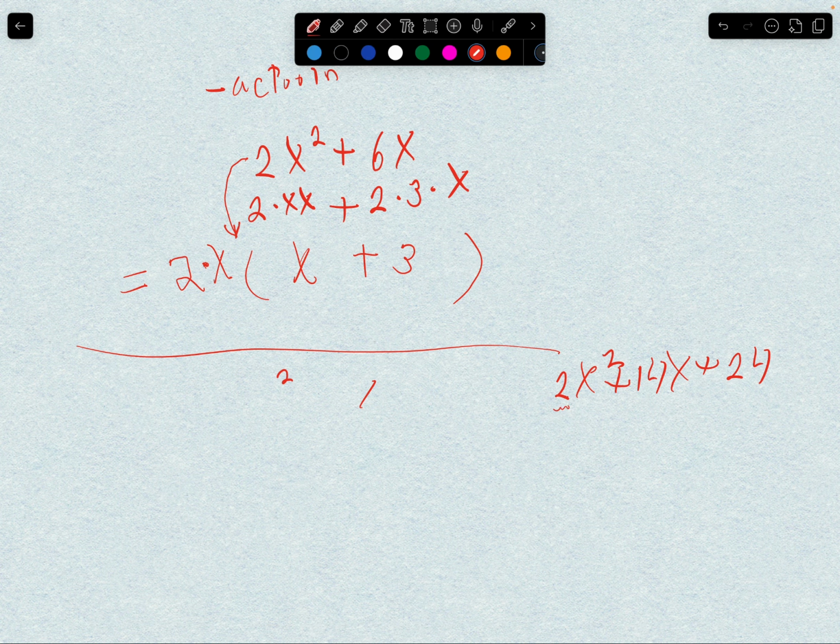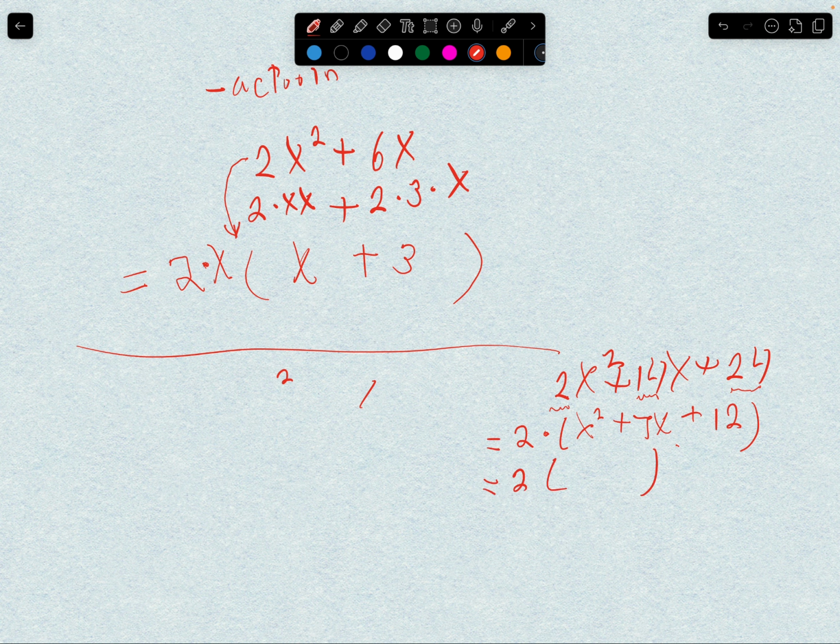And I see that 2 times 7, 2 times 12, so 2 can factor out of that. What's left over when I take the 2 out? When I factor it out, I have x squared plus 7x plus 2 times 12 is 24. Yep.